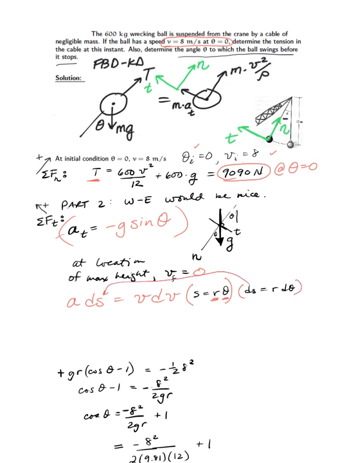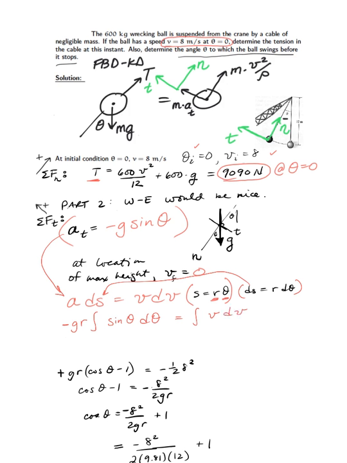I'm going to take my expression for the acceleration, again in the tangential direction. I'm going to take all the constants outside, so I end up with minus gr on the outside. On the inside of the integral, I have sine theta d theta. On the other side, I've got an integral of v dv.